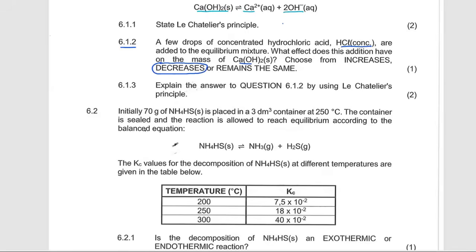Then 6.1.3: explain the answer to question 6.1.2 by using Le Chatelier's principle. So removing OH- disturbs the equilibrium.